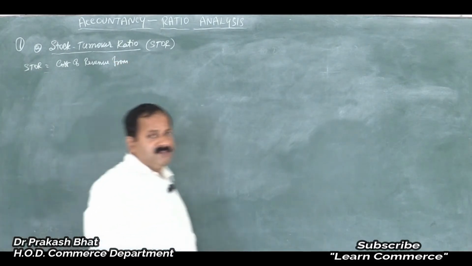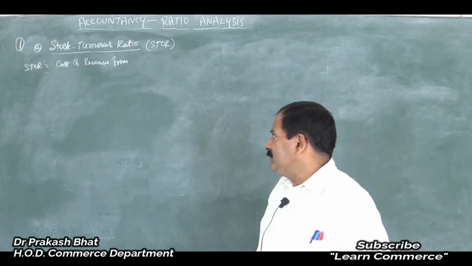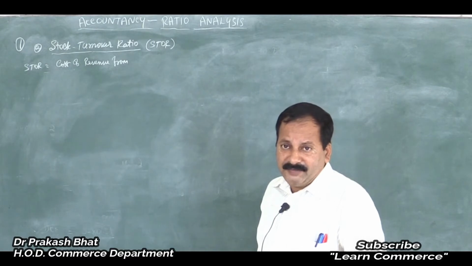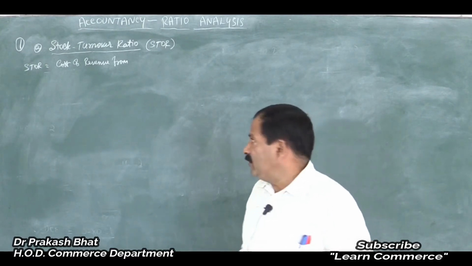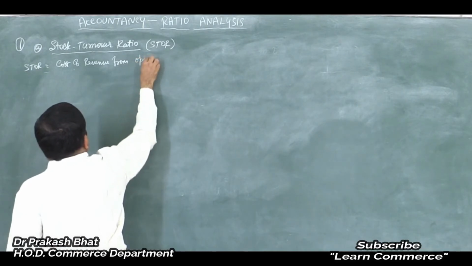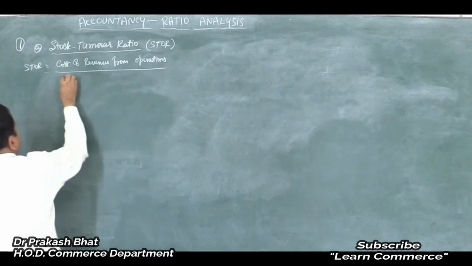Revenue from operations means sales, isn't it? Cost of revenue from operations, very simple friends, is sales minus gross profit. Sales minus gross profit is nothing but cost of revenue from operations, divided by average inventory.